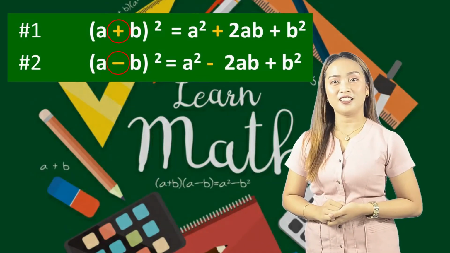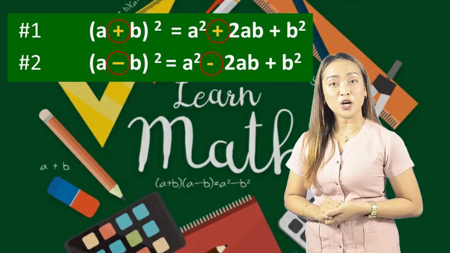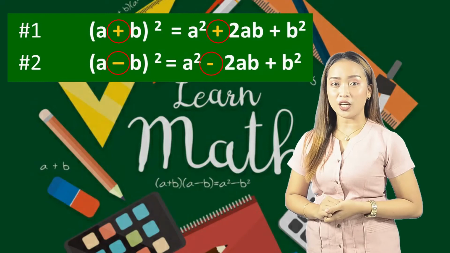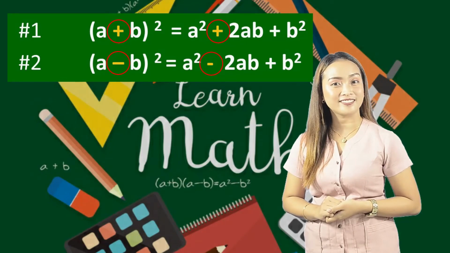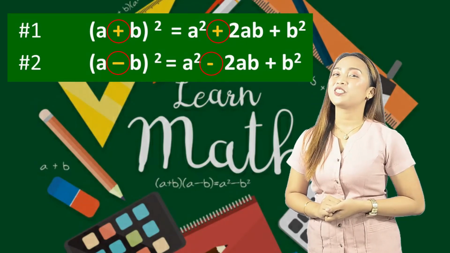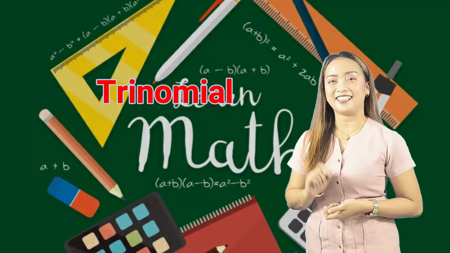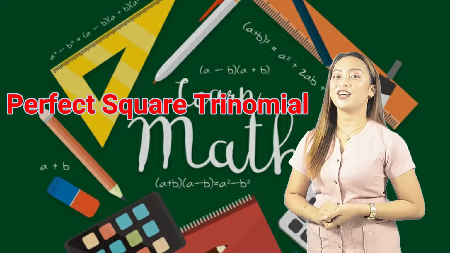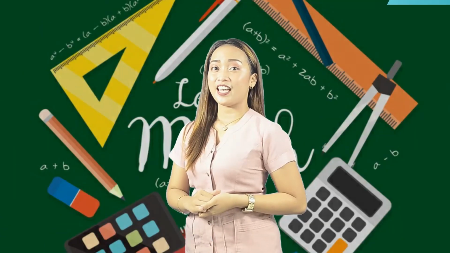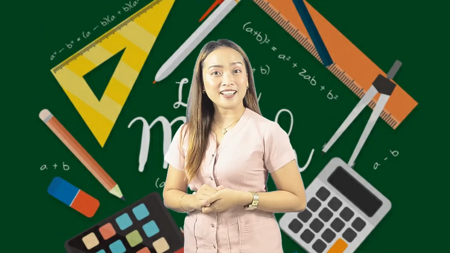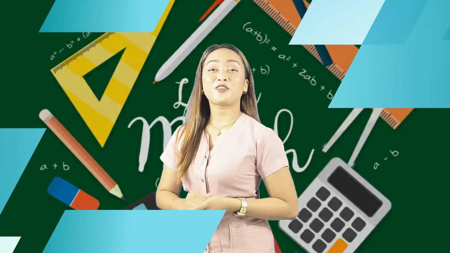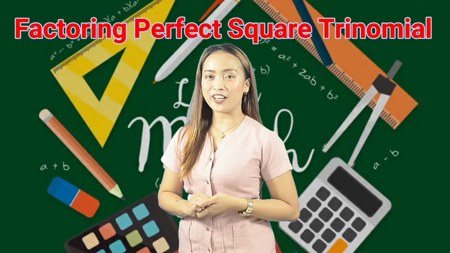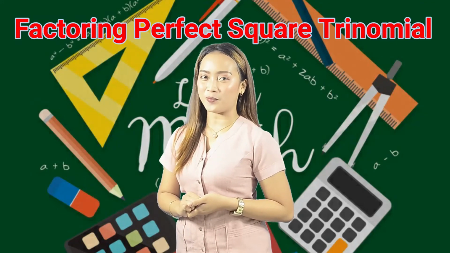In general, the square of a binomial will give us a product of what? Trinomial. Exactly. Specifically, perfect square trinomial. Is the word already familiar? For today's lesson, we're going to factor perfect square trinomial.